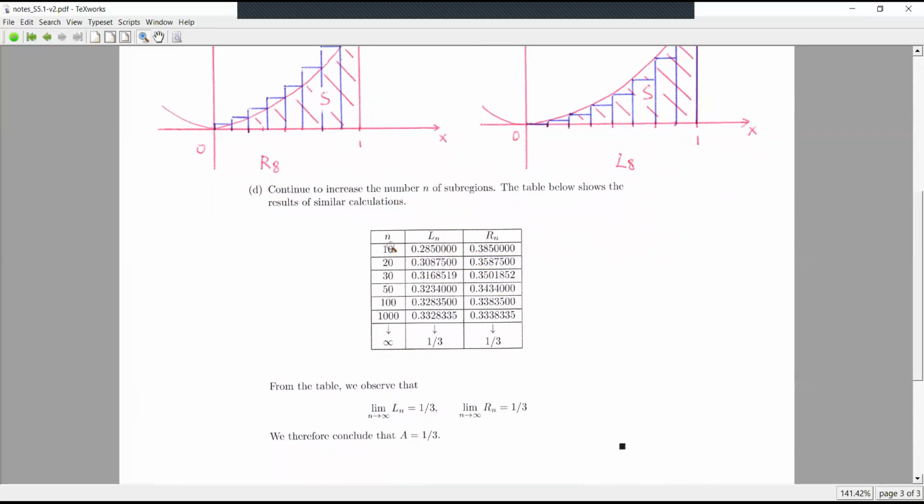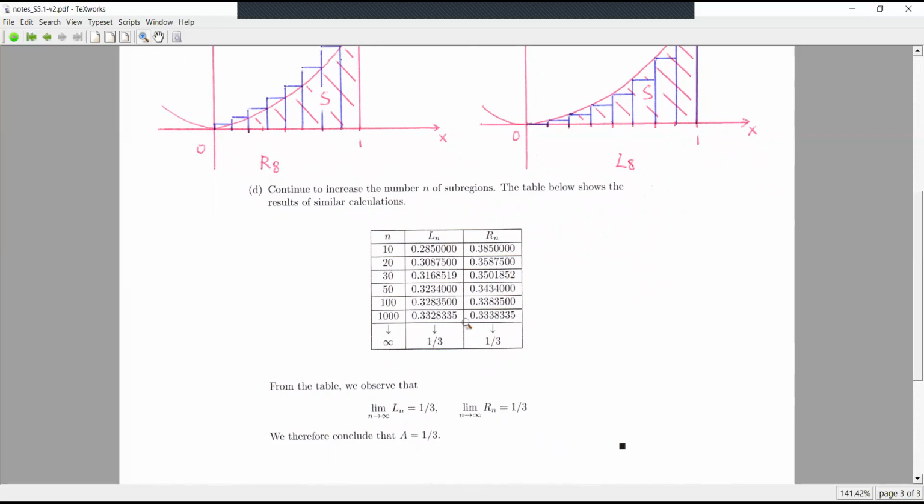Continue to increase the number of rectangles. If I let the number of rectangles approach infinity, then I can see that Ln, the lower bound, is increasing to 1/3, and the upper bound, Rn, is decreasing to 1/3.